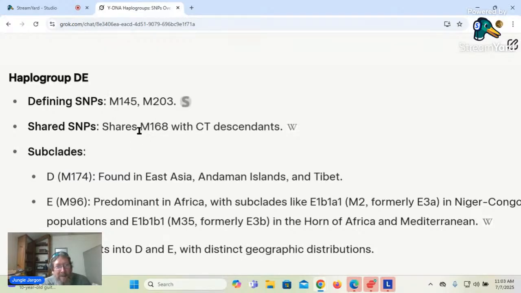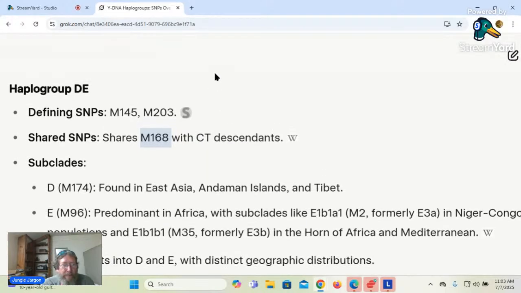The DE shares the M168 with the CT, which is everyone in the world except for A and B. So this marker here is shared by everyone in the world with the exception of A and B, which is Put and Cush.